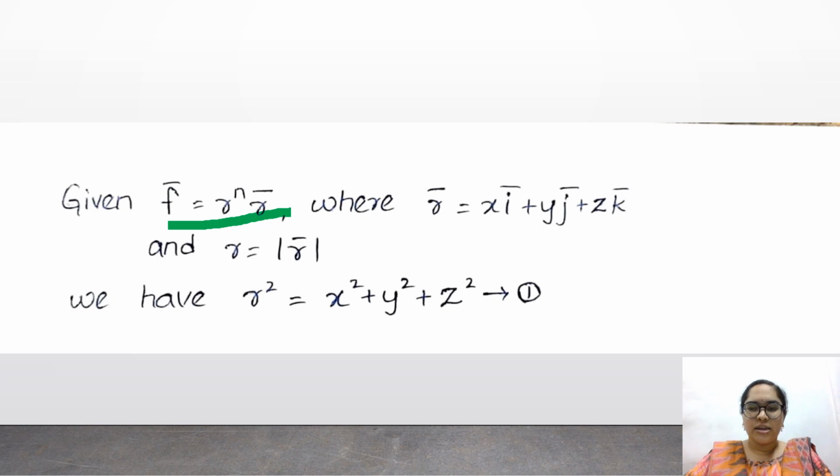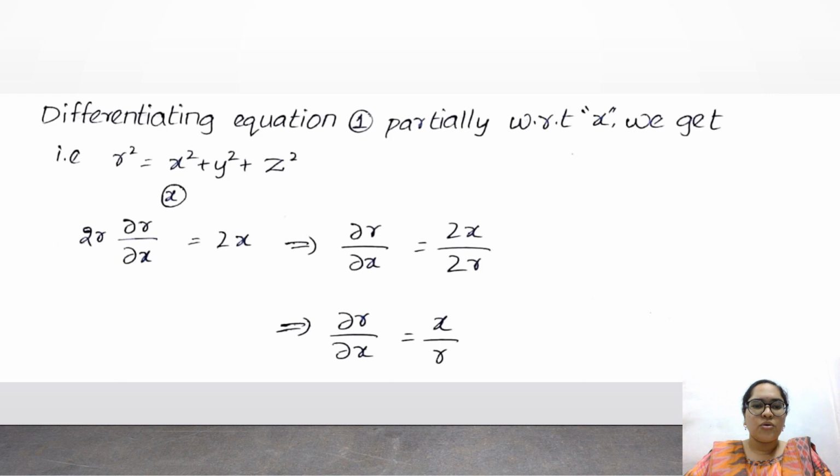We assume this as equation 1, and we partially differentiate this equation with respect to x, y and z. First, differentiating with respect to x, we get 2r into dou r by dou x equals 2x. By taking 2r to the RHS, we get dou r by dou x equals 2x by 2r, and cancelling the 2s, we get x by r.